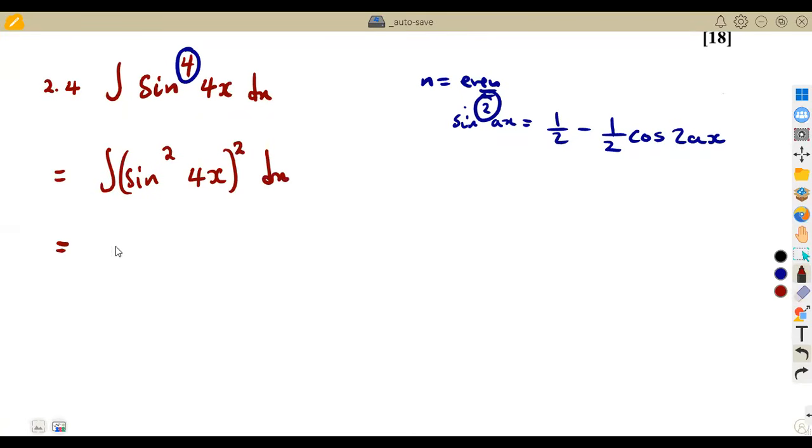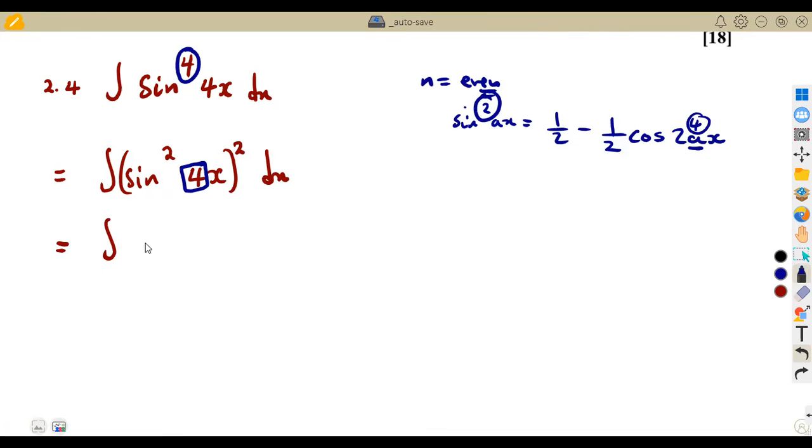So I'm going to substitute what represents sine squared 4x. Our a here is 4, so this is going to be cos 2ax. If you multiply 2 times 4, it is going to be 8x.